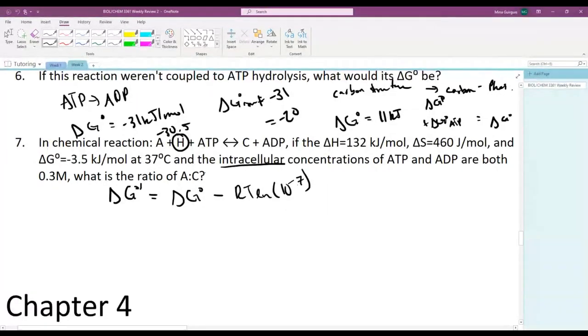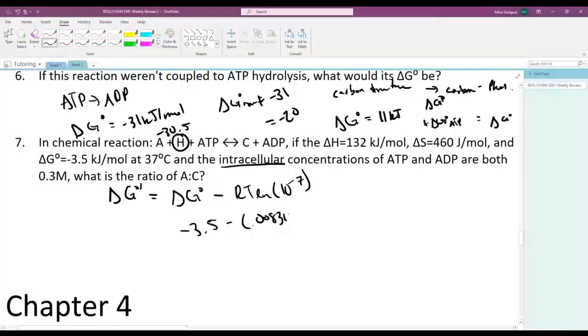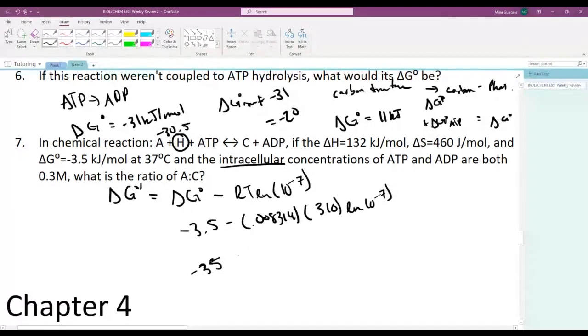Okay, so we're going to go ahead and solve this, and we're going to say this is negative 3.5 minus 0.008314 times 310, since 37 degrees Celsius means 310 Kelvin, times natural log of 10 to the negative 7. I like to take these in real time because I think it's more representative of how long this might ideally take.